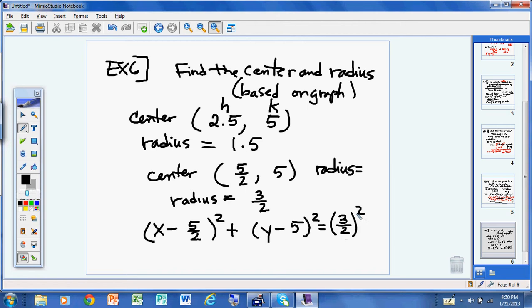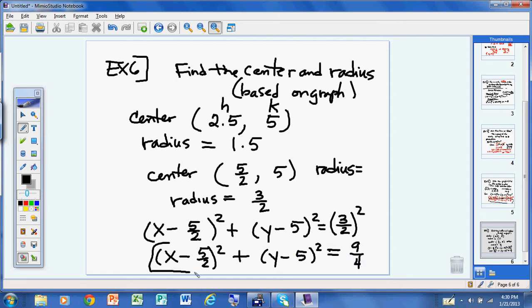Well, if you're squaring the 3 halves, we have to simplify that. So the final thing would be x minus 5 halves squared plus y minus 5 squared, and then 3 squared is 9, 2 squared is 4, so 9 over 4 would be your final answer.